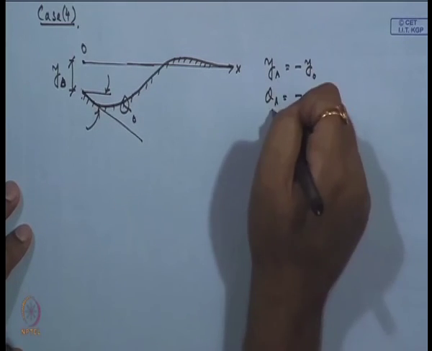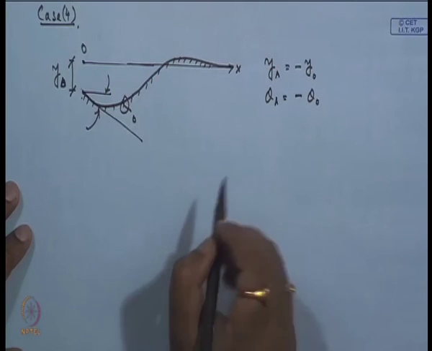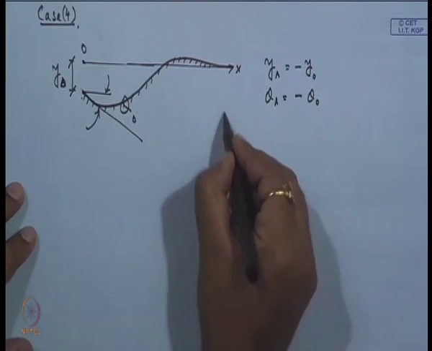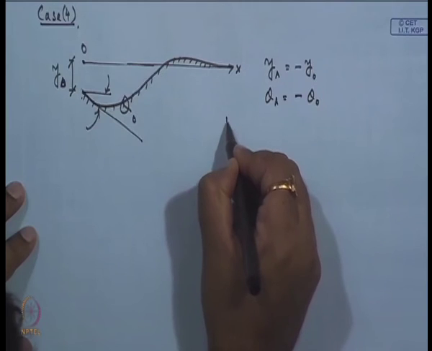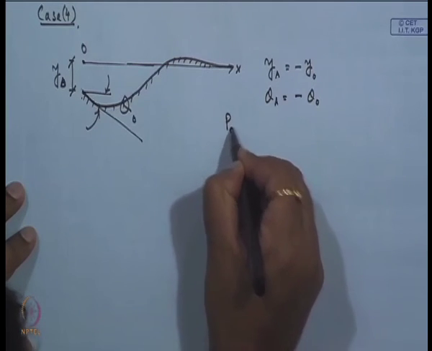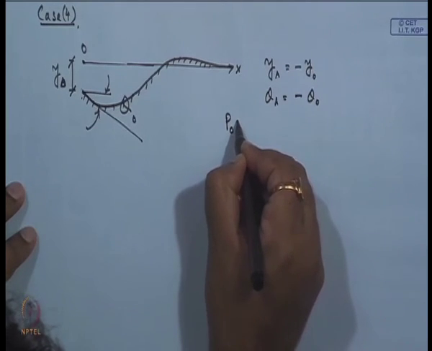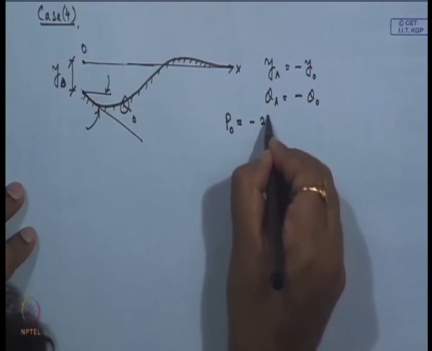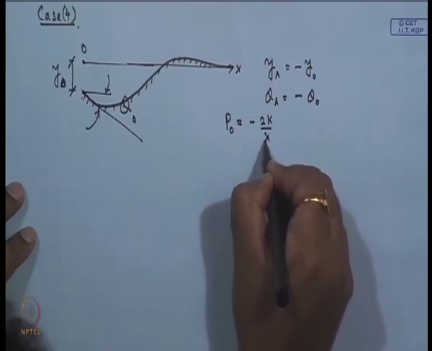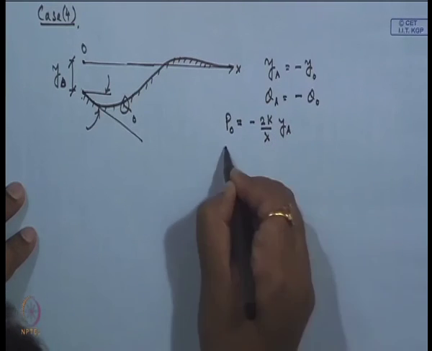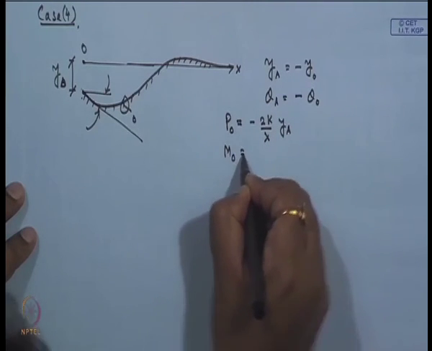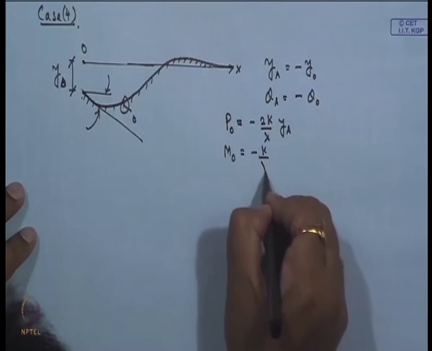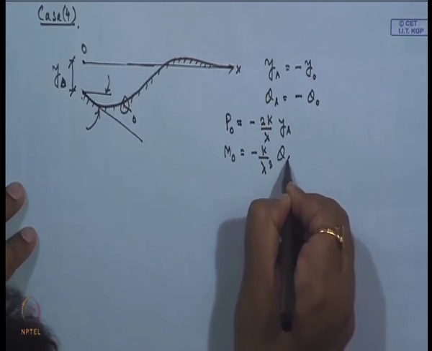Now, we know for this particular fixed end semi infinite beam, P 0 is equal to minus 2 k by lambda y a, and m 0 is equal to minus k by lambda cube into theta a.